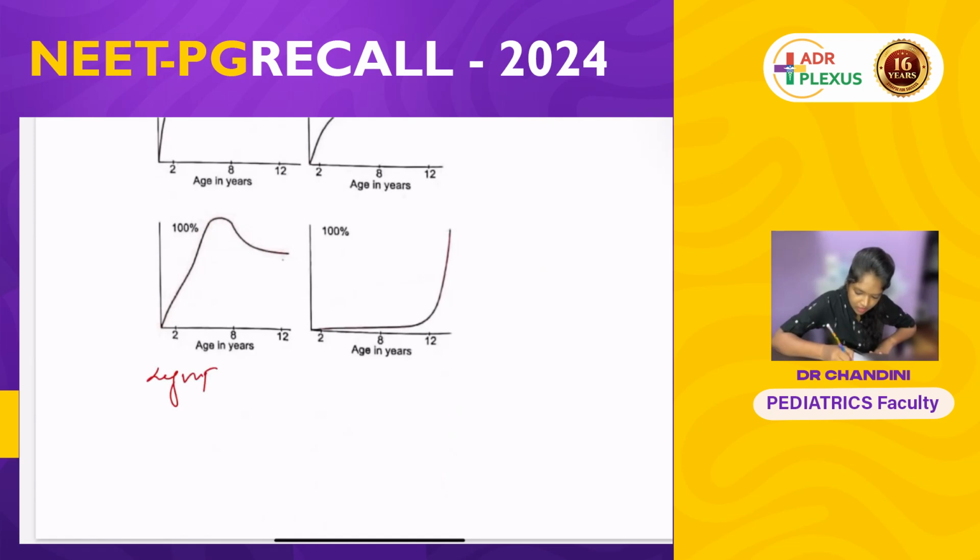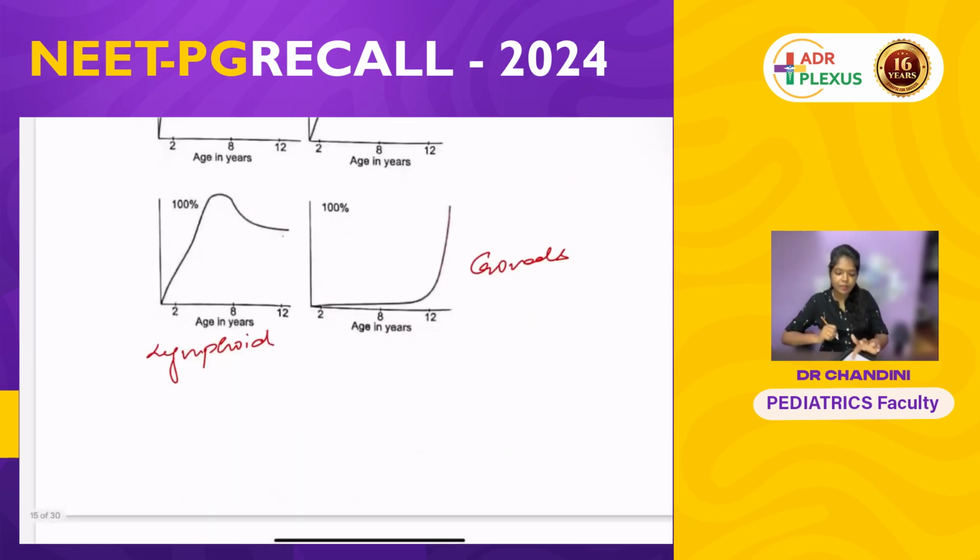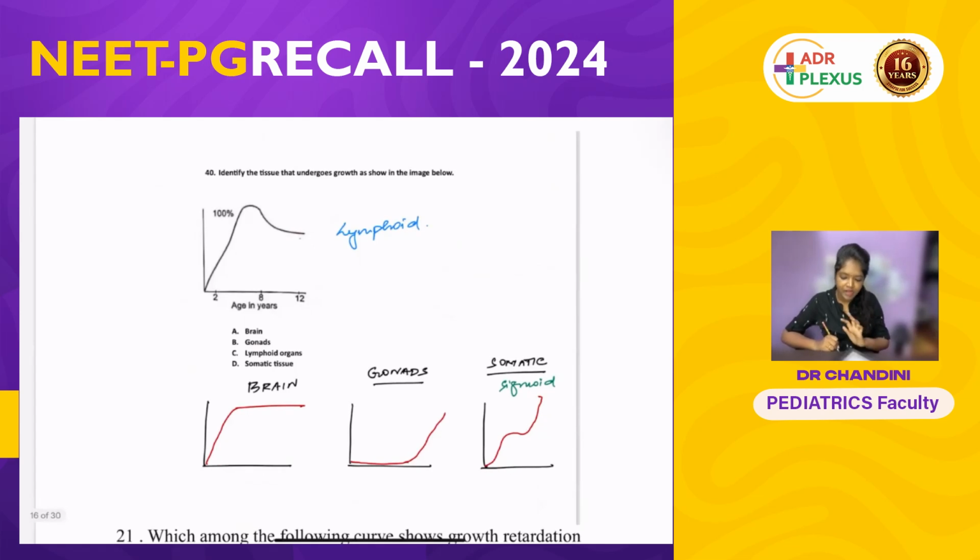This is lymphoid tissue. The last one is dormant till puberty. After puberty, there is a rapid increase. So after puberty, which increases? Your gonads. Yes, gonads. Fine. So these are the different patterns of growth. We already discussed brain, gonad, somatic, and lymphoid.